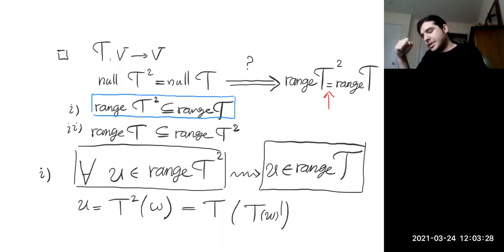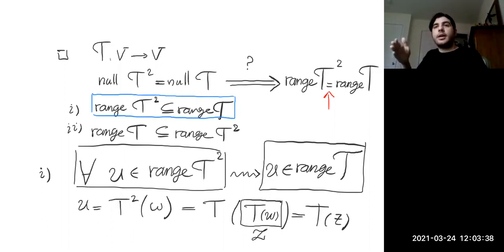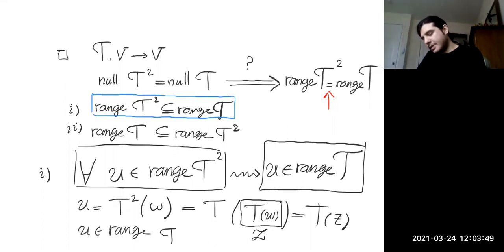Now, if I change the name of this T of w to something else, say, let's call it z, it means u is equal to T of z. So we can see here that u is T of something. So u is in the image, or in the range, of T. So that's the first part.